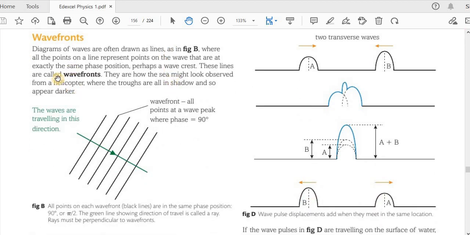If you join the points on a wave that are all in phase, then we get the wave front. Diagrams of waves are often drawn as lines, as in figure B, where all the points on a line represent points on the wave that are at exactly the same phase position, perhaps a wave crest.